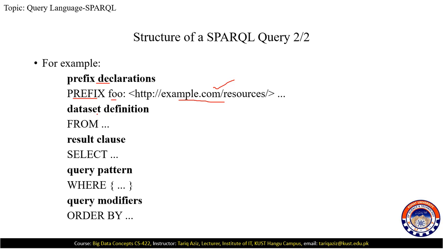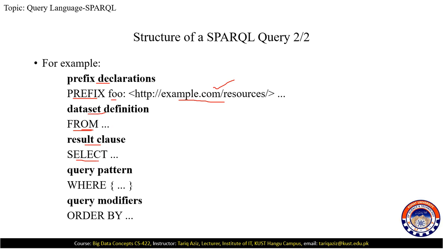And then how can we mention the dataset? In the FROM clause we will mention our dataset, that is, from which dataset we want to extract information. Now, dear students, I hope you have come across this term in the SQL query language.